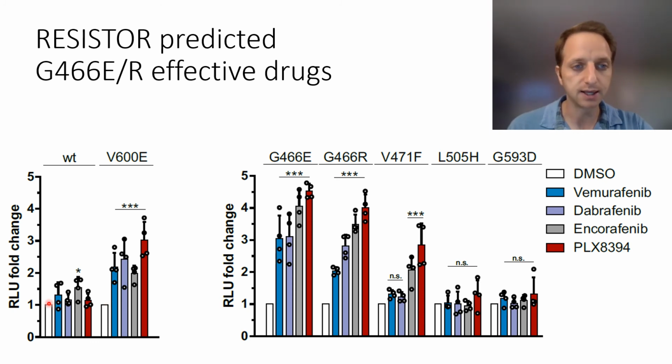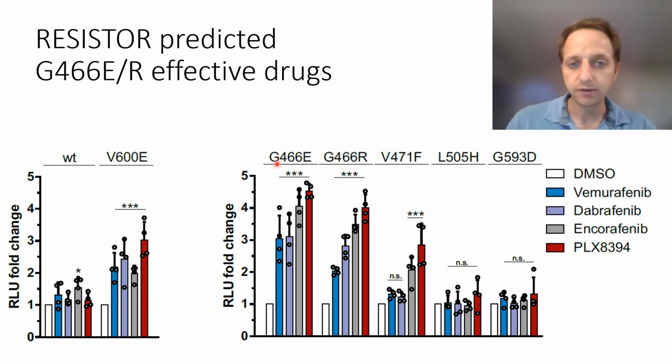And what we see here is that on the wild type, there really isn't much closing when drugs are added to the wild type kinase. But when drugs interact with the V600E kinase, there is much more closing, which is why these drugs are inactivating for the V600E mutation, which is what you want to see.